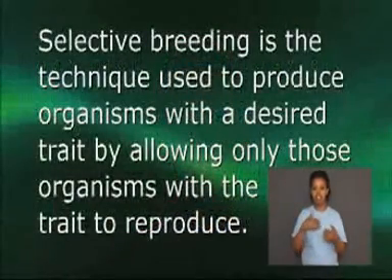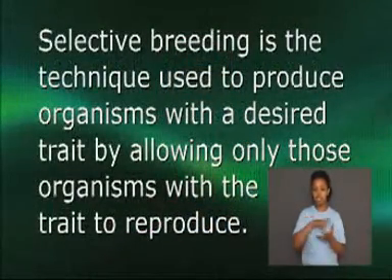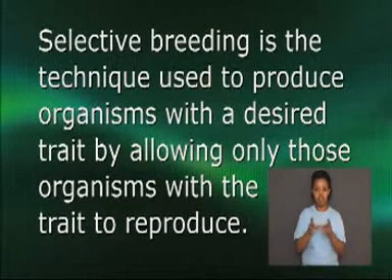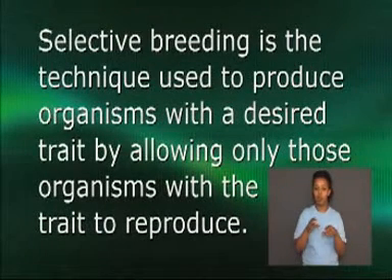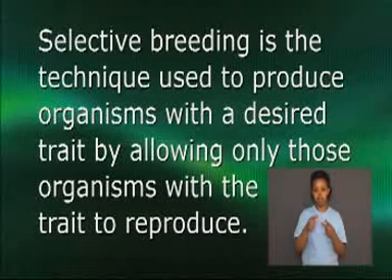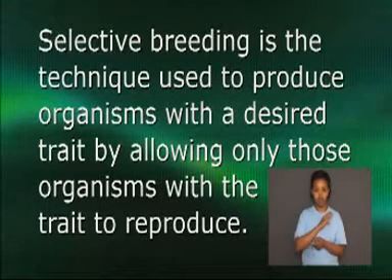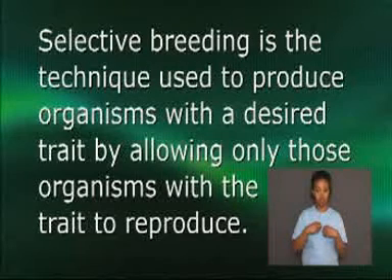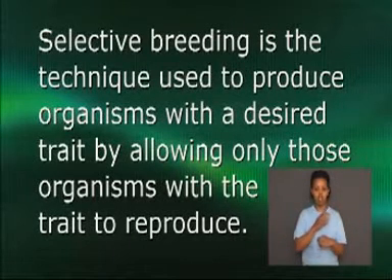For many, many years, humans have been using a technique called selective breeding to produce better crops and animals. Selective breeding can be defined as a technique used to produce organisms with a desired trait by allowing only those organisms with the trait to reproduce.